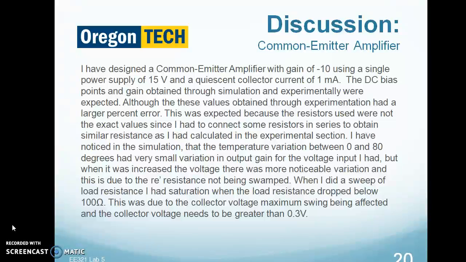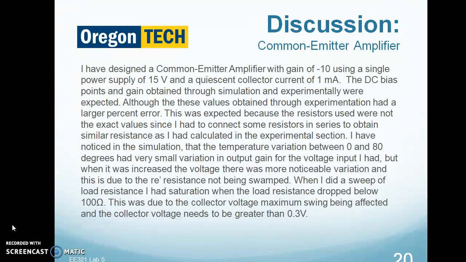I had noticed that in the simulation the temperature variation between 0 and 80 degrees had very small variation in output gain for the voltage input I had, but when the voltage was increased there was more noticeable variation, and this is most likely due to the resistance not being swamped.